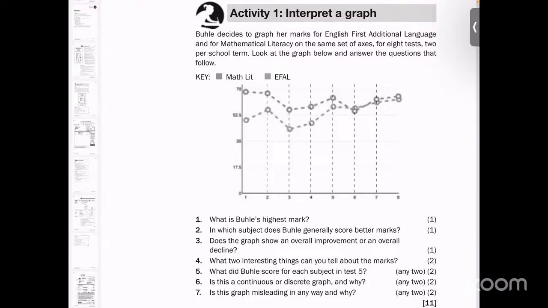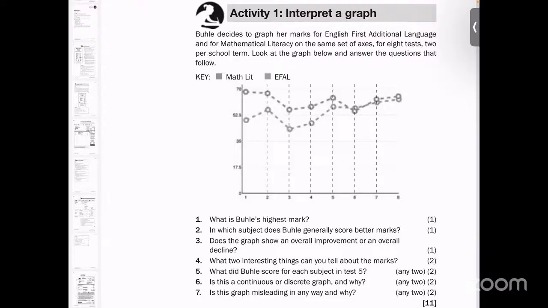When it comes to the vertical axis, I think when necessary we might be doing some estimations of what percentage Boutle could have gotten by just looking at that graph on the vertical axis. So anything that has to do with the marks, you read from the vertical axis, and on the horizontal axis it is the number of tests.